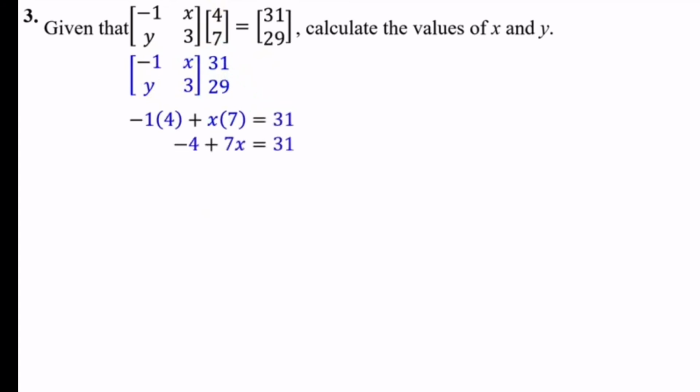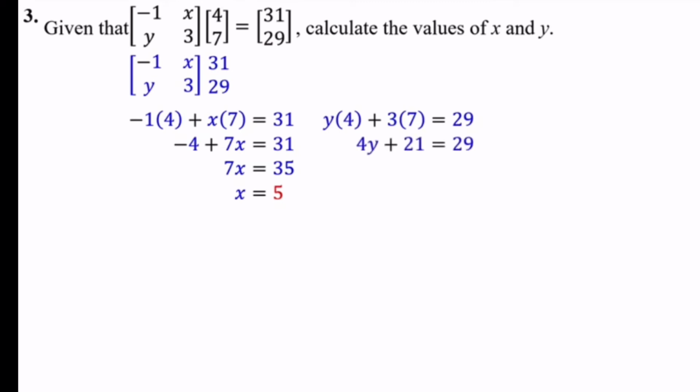So hence we will solve the x, which is 7x equal to 35. And then we get x equal to 5, followed by 4y plus 21 is equal to 29. Hence, 4y is equal to 29 minus 21, which is 8. So the y is equal to 2, right?